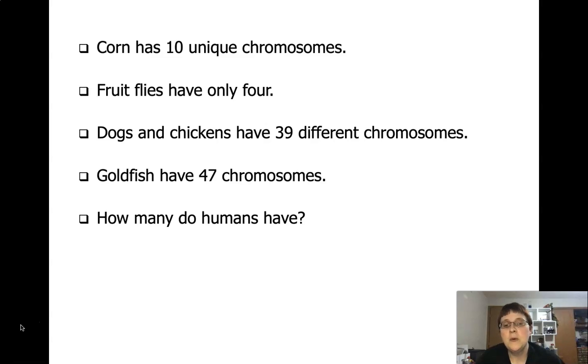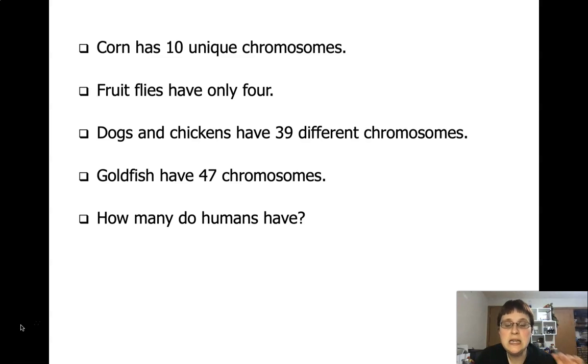And so my question is, how many chromosomes do humans have? Now, this is looking at the unique chromosomes. In my previous lecture, I talked about that we have a total number of chromosomes, but then we have a unique number of chromosomes.